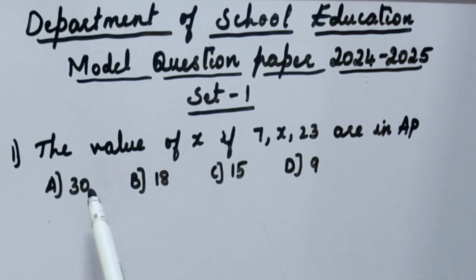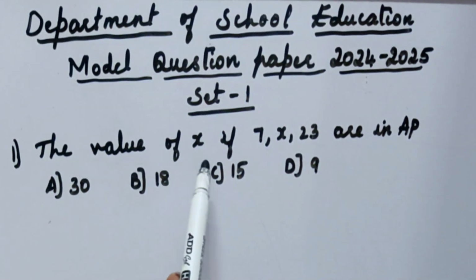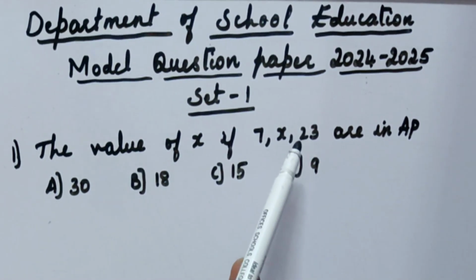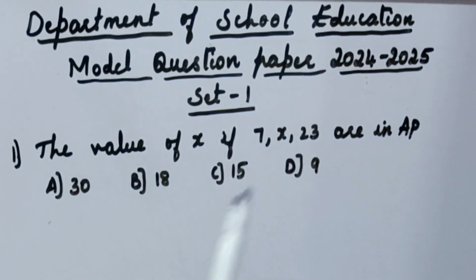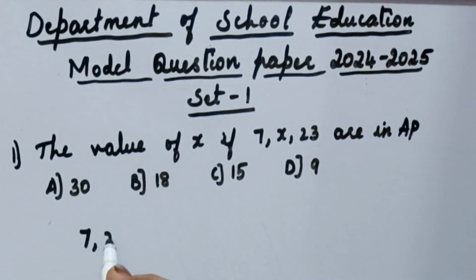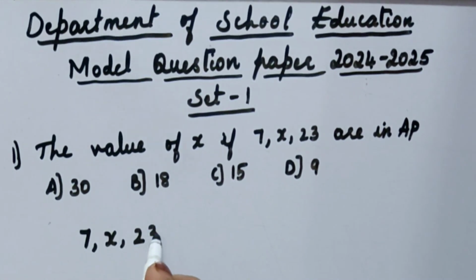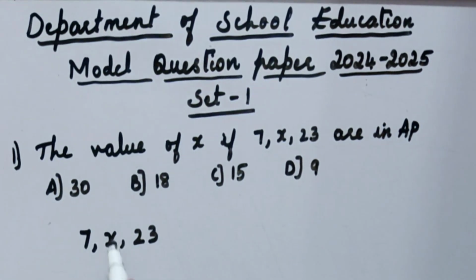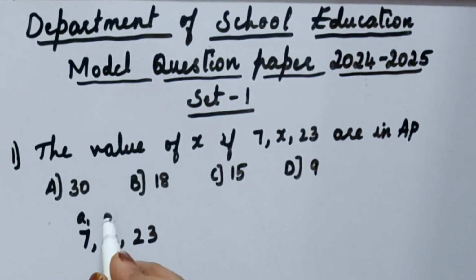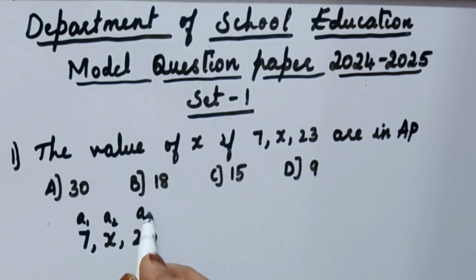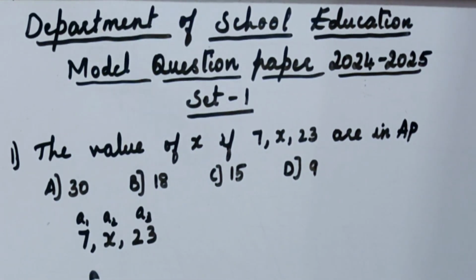Here, as you can see, we need to find the value of x in this AP, that is 7, x, 23. This is an AP: 7, x, 23. We need to find out the value of x, students. Now here, this is the first term, this is the second term, and this is the third term, right?